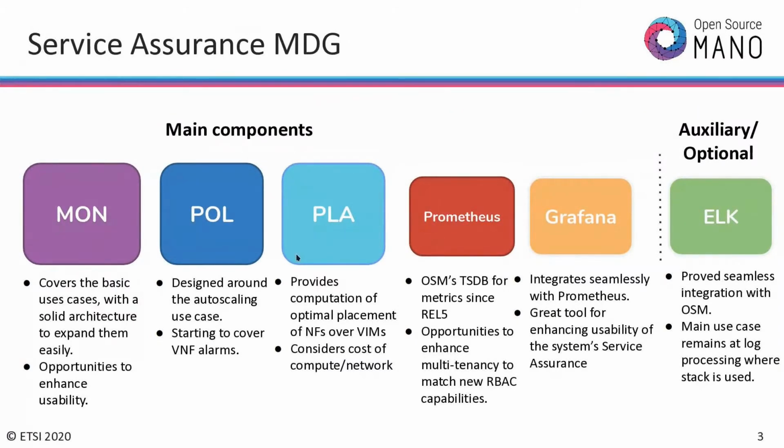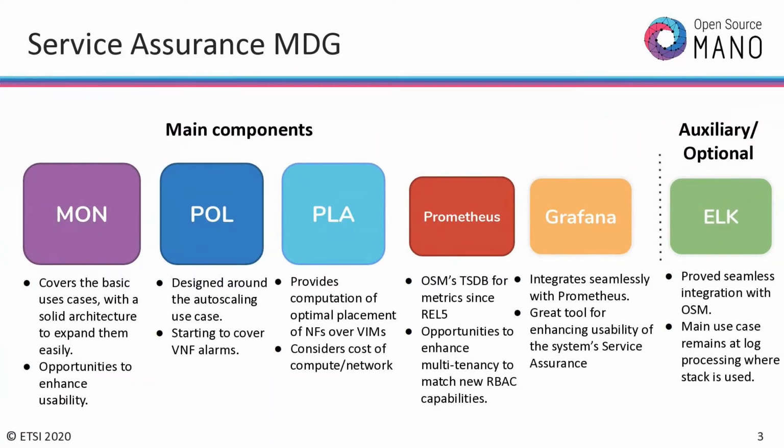POL is the next module, designed around the auto-scaling use case. It covers the alarms, and it generates, for example, an alarm to auto-scale a VNF, and it takes care of all the policies. That's why it's called POL. It's the policy manager. All this information is in the descriptor that you can modify, and you can configure all your VNF to work with these modules.